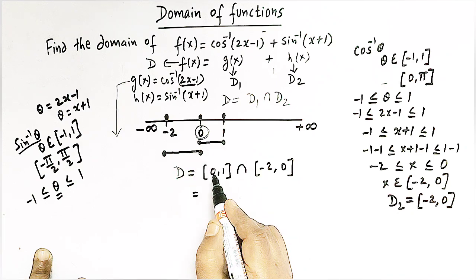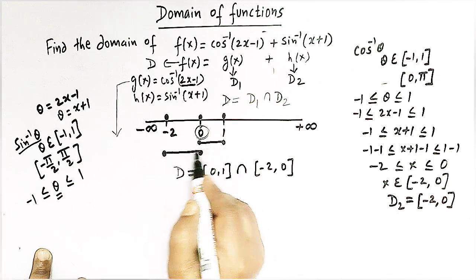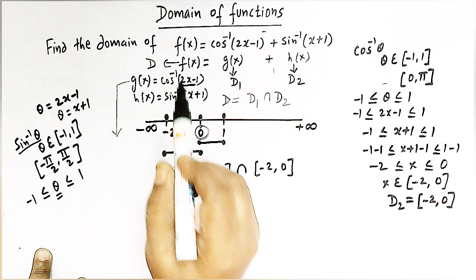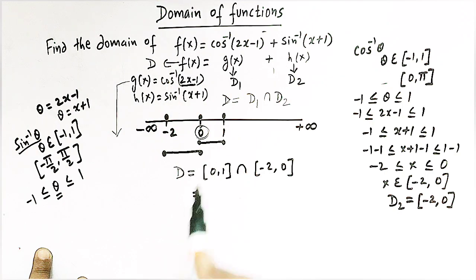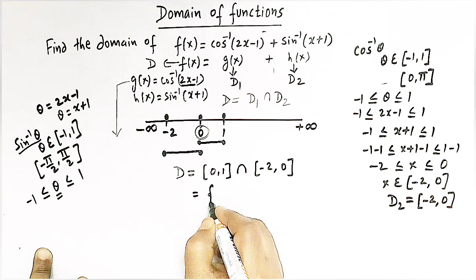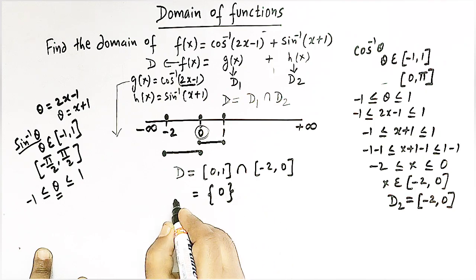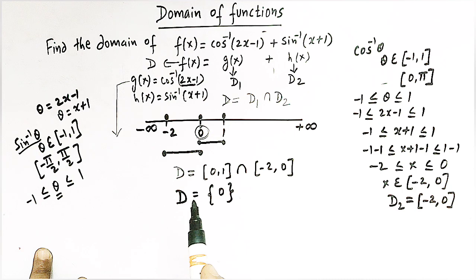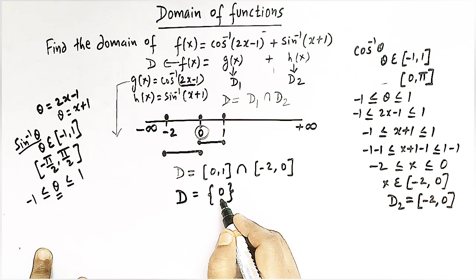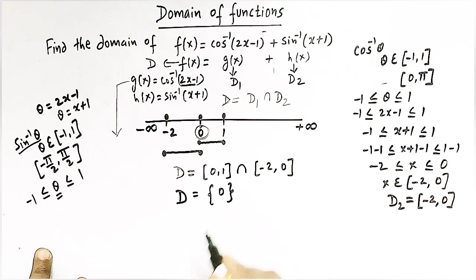So 0 is included in both the domains. So here the domain of f of x consists of only one point, right? So here we have only 0. So the domain of this function f of x has only one real number, that is 0.